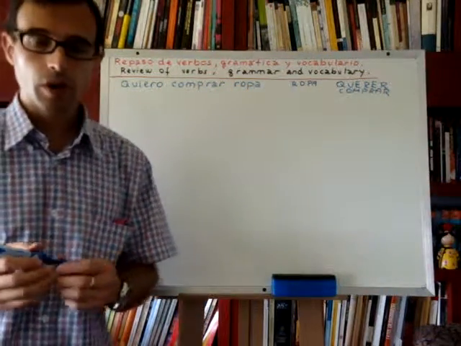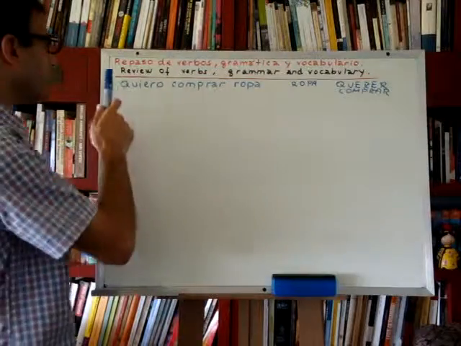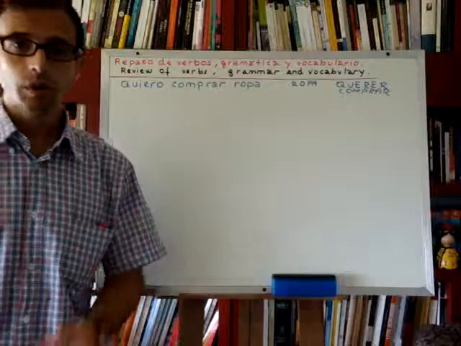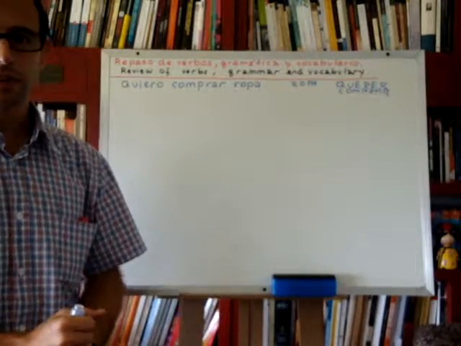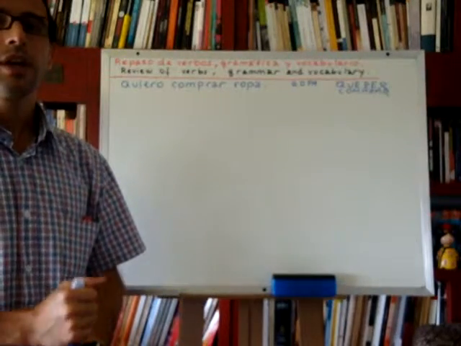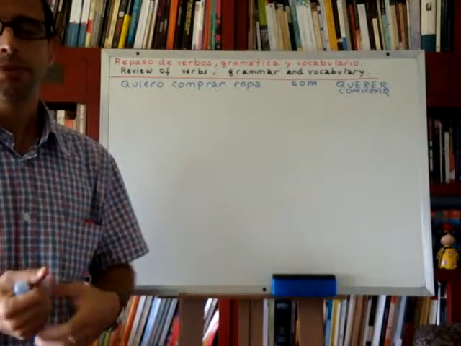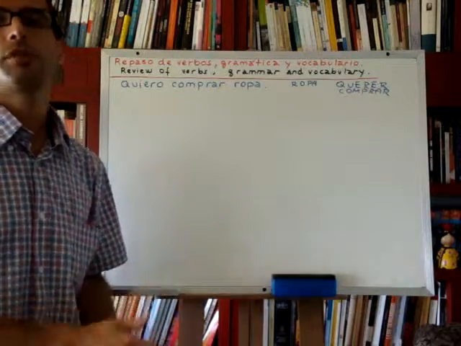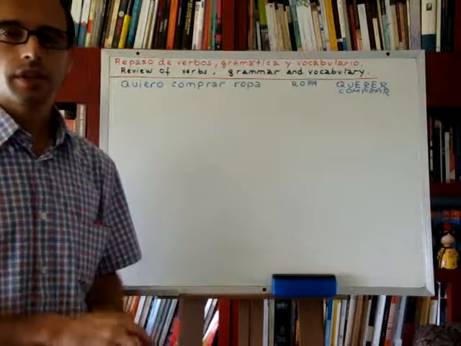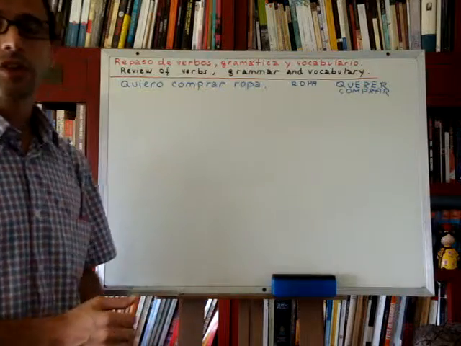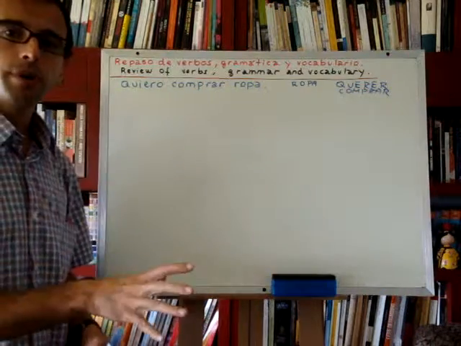Quiero comprar ropa, right? And we omit the subject pronoun in Spanish. We usually do omit it, mainly when we speak in present tense, even when we speak of ourselves. When we speak of third person, he, sometimes we may add a subject because we want to add more information about the subject.